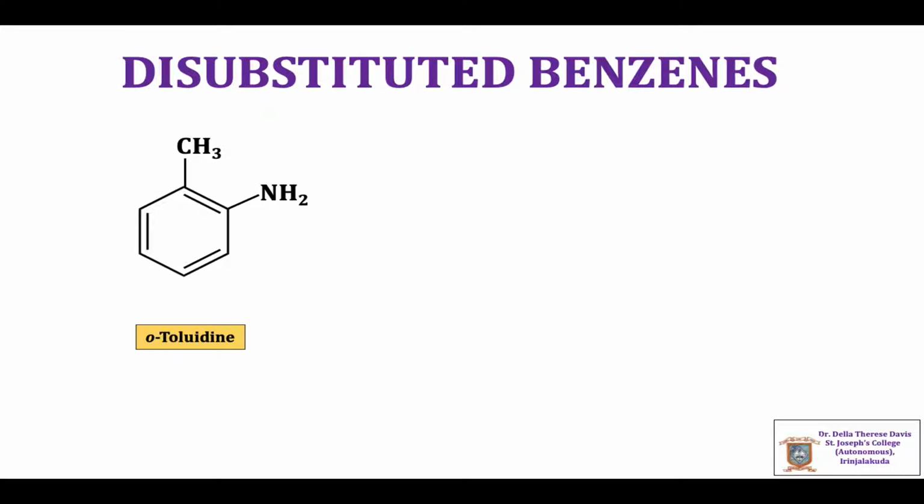A benzene in which one hydrogen is substituted by CH3 and another hydrogen is substituted by NH2 group is called toluidine. And in the given molecule, the substitution is at ortho position and hence the IUPAC name of the compound is ortho-toluidine.